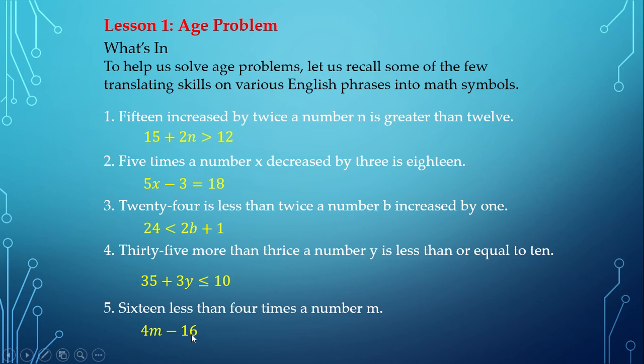We write 16 right after the operation minus, so the phrase less than is not representing the less than symbol anymore, but an operation. So 16 less than is minus 4 times a number m, 4m. So you see, the representation of the phrase less than is different from is less than, right?